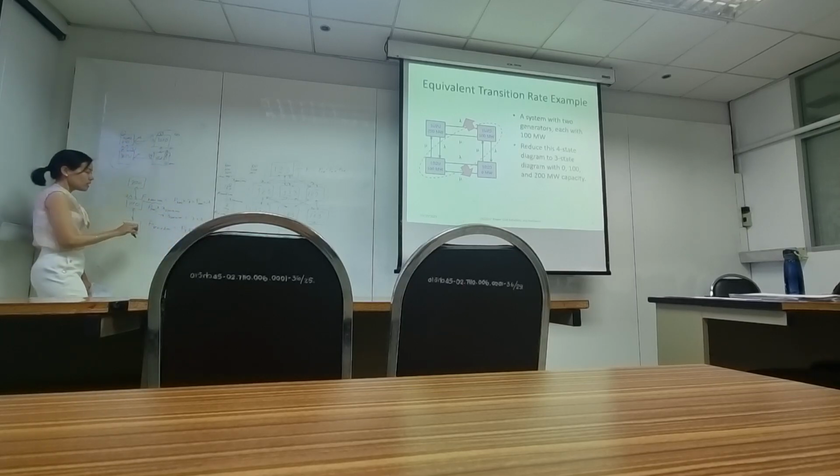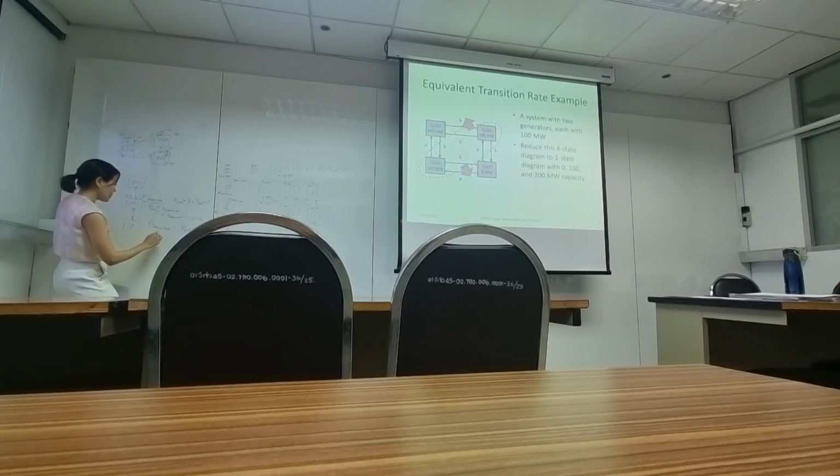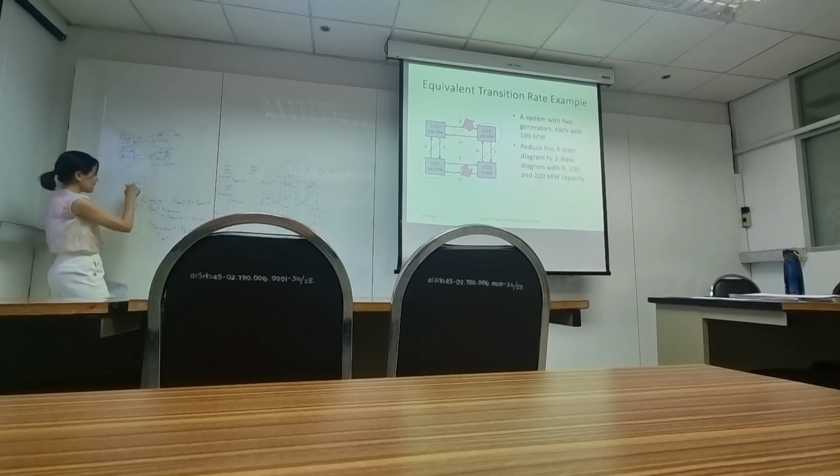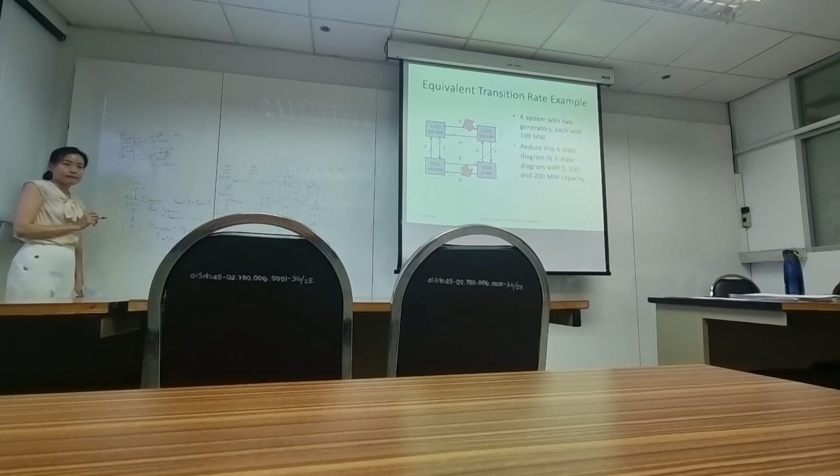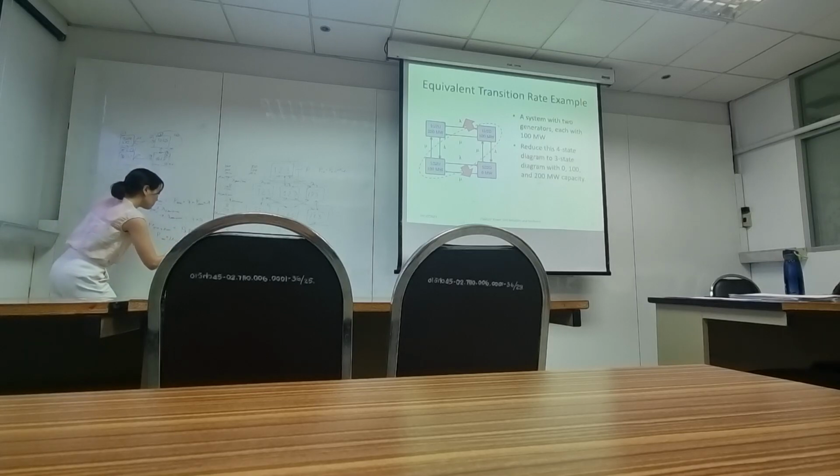The frequency of 100 to 200 will be equal to probability of 100, right, multiplied by the equivalent repair rate from 100 to 200, which is equal to P3 plus P2 times mu.